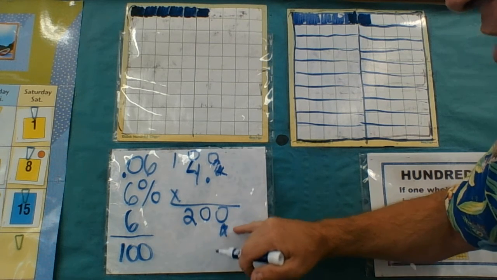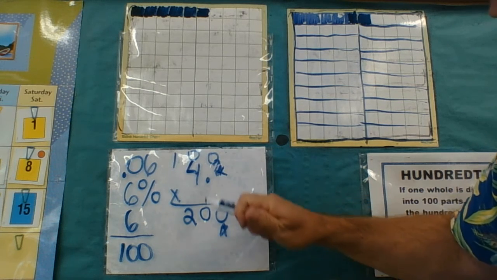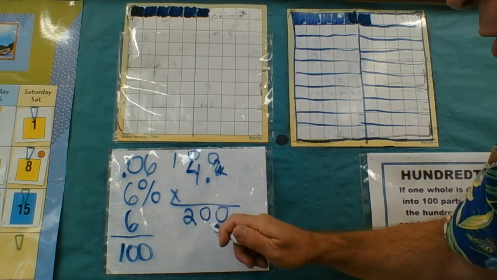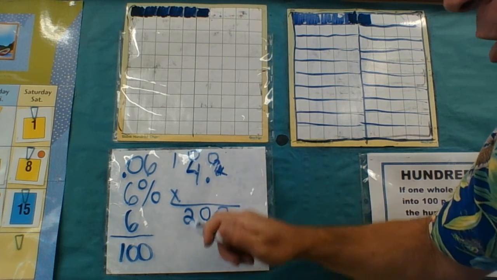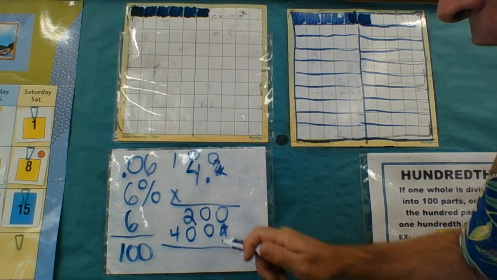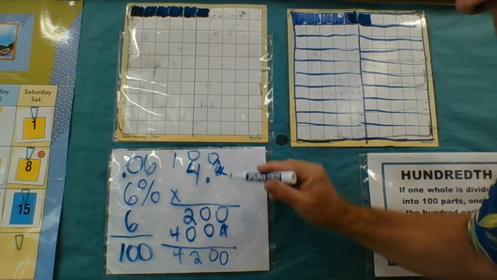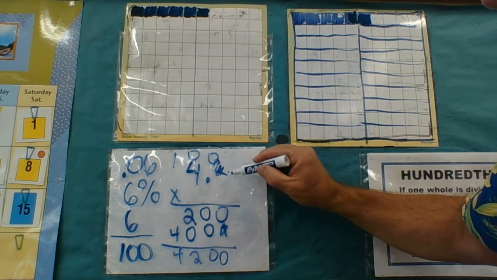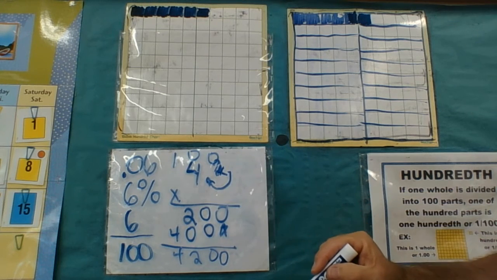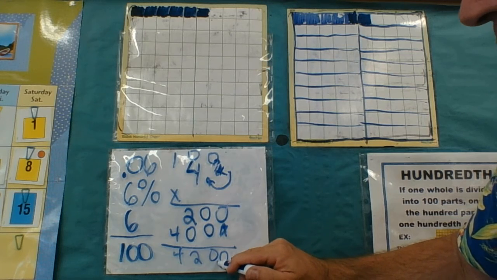And my placeholder will take place of the 1's place value. Now when I'm multiplying this 4, I can just say it's 4 because it's going to be put in the 10's place value. So 4 times 0 is 0, 4 times 0 is 0, and 4 times 1 is 4. Add these up. And then I start looking at my decimal point and I realize that it is 1 place to the left of the whole.